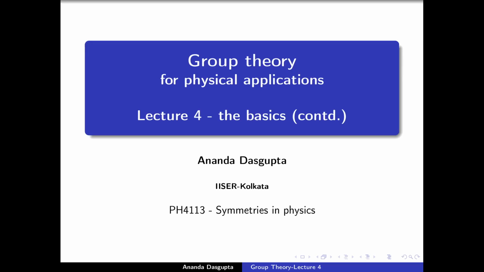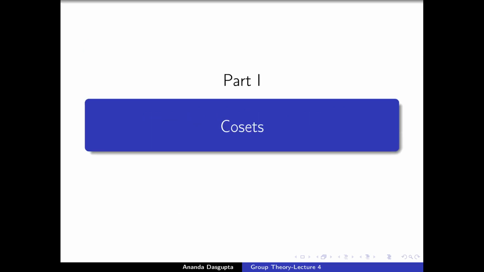In the next half of this lecture, we are going to take a look at another equivalence relation, that of conjugacy. Both of these kinds of equivalence relations will break the group up into partitions. The first kind of partition is our next topic, that is the coset.